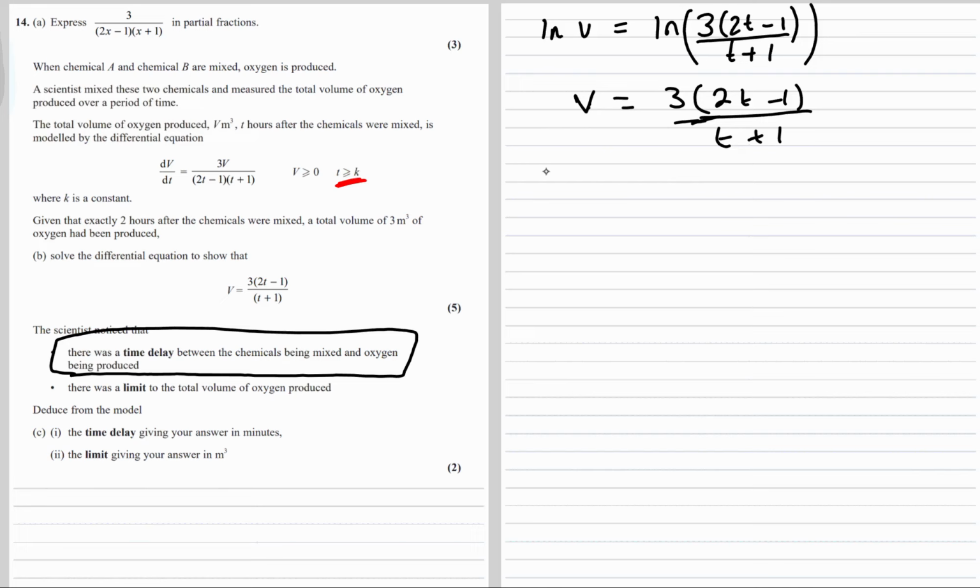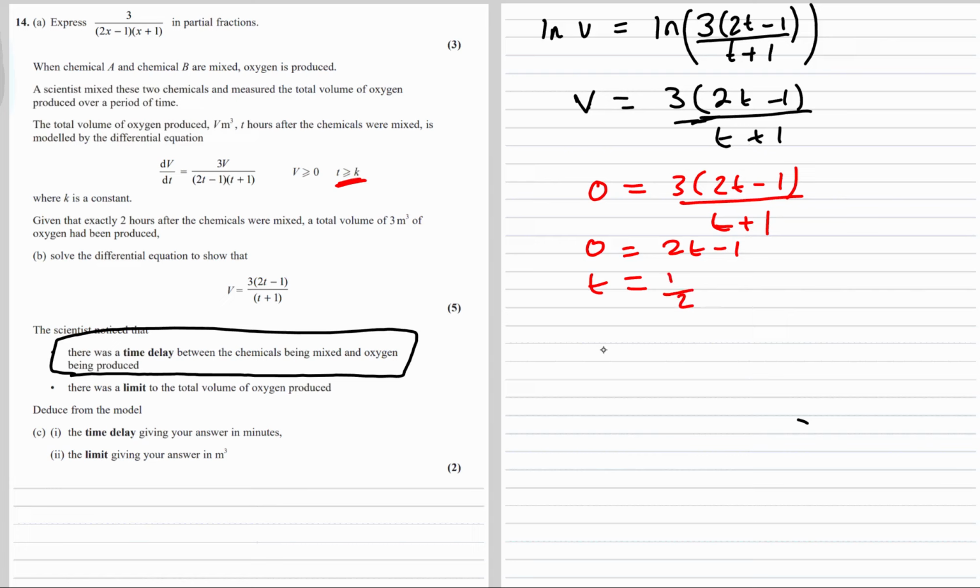So we want to know when it becomes equal to 0. So times both sides by t + 1, that disappears. Divide both sides by 3, that disappears. So it's where 2t − 1 equals 0. That's when t is equal to a half.